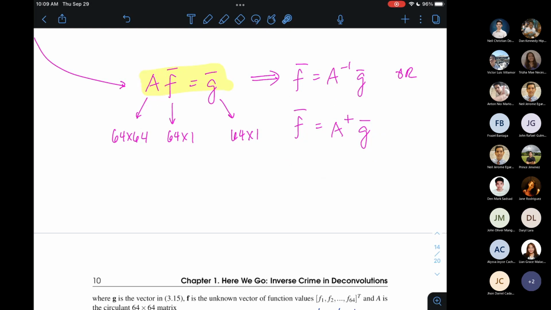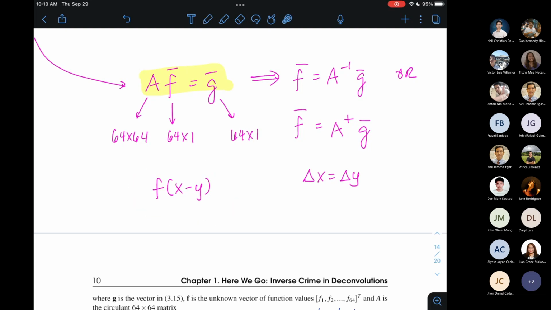So I hope nakita niyo kung bakit naging komplikado yung pag-derive ko sa matrix A. Kasi kailangan ko mag-match yung function value ni f of x minus y kasi ito yung nasa integrand, right? F of x minus y doon sa vector na ng mga function values ni f. Kaya pinili ko last time na delta x ay equal sa delta y para mag-match yung f of x minus y, right?